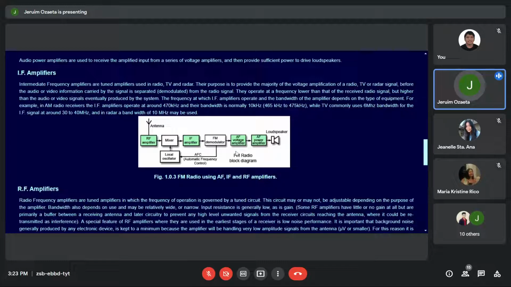Take note that there are two stages of audio frequency amplifier from the FM demodulator, and that audio frequency amplifier will determine now the corresponding characteristic of the audio signal that is taken from the demodulator.